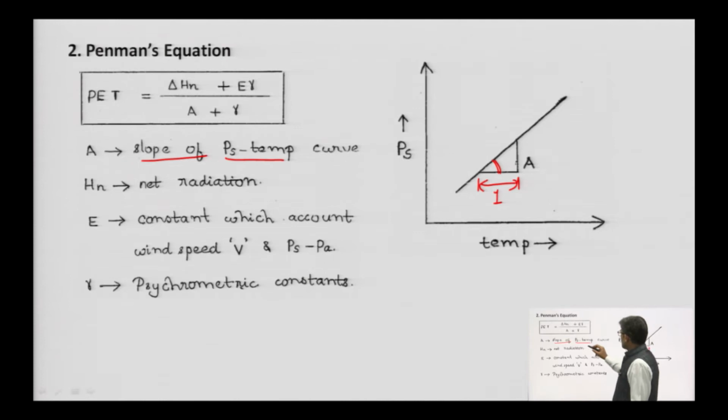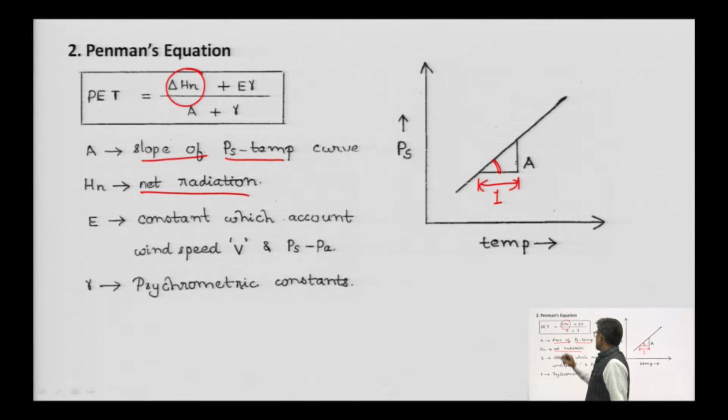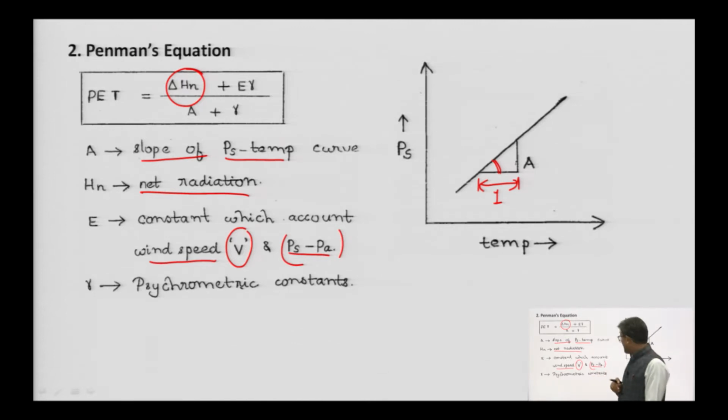H n is the net radiation, and delta H n is the change in the radiation. E is the constant which accounts for wind speed V and the change in pressure, P s minus P a.